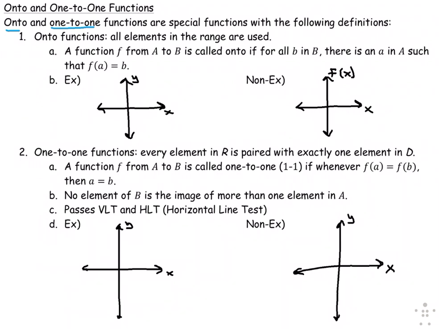So in this case, the technical math definition that will be useful in more challenging contexts is to state that a function f from the domain A to the range B is called onto if for all elements in B, there is an element in A such that when you input that domain value into the function, it maps onto a B value.